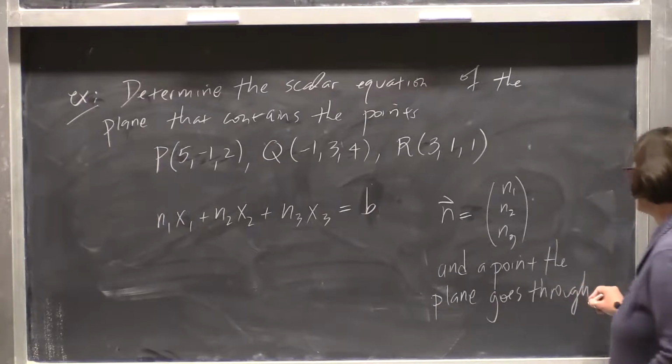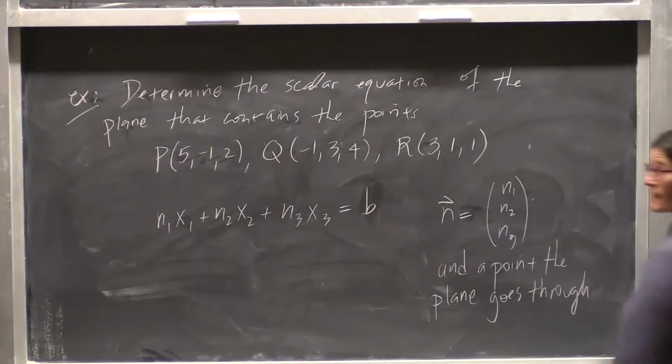That's what you need to write down what they're asking you for. So which is going to be the harder part, finding the normal or finding a point that the plane goes through? Finding the normal. You've been given 3 different points that the plane goes through. And so this is easy.